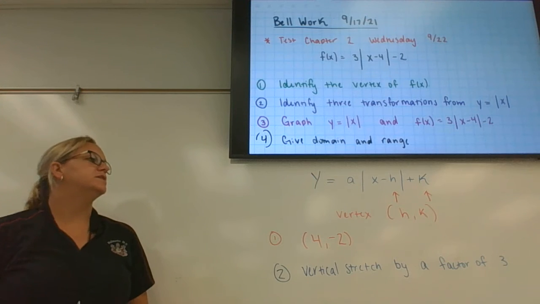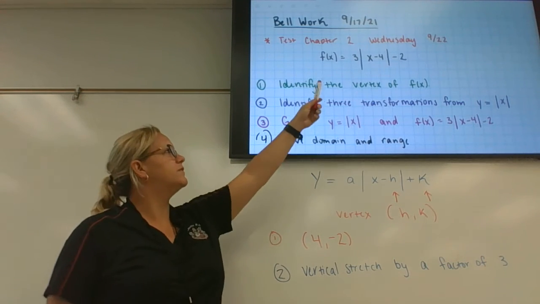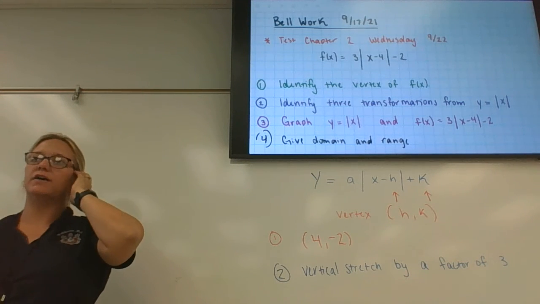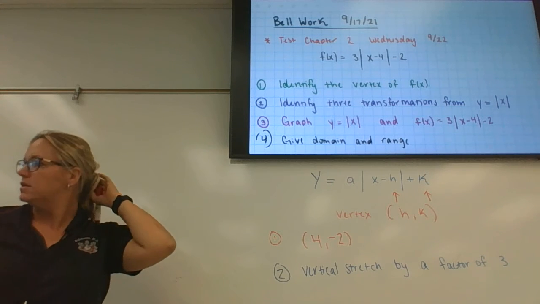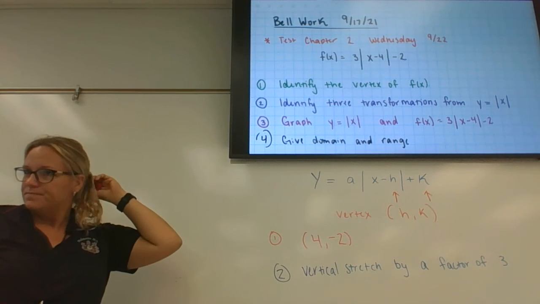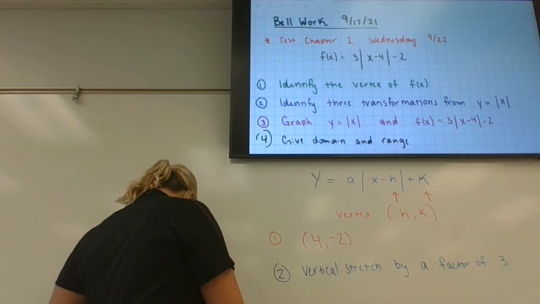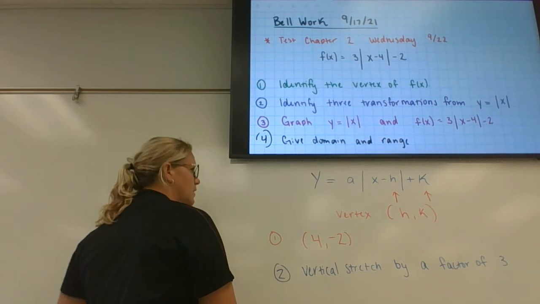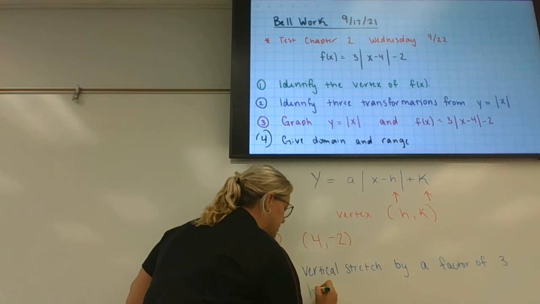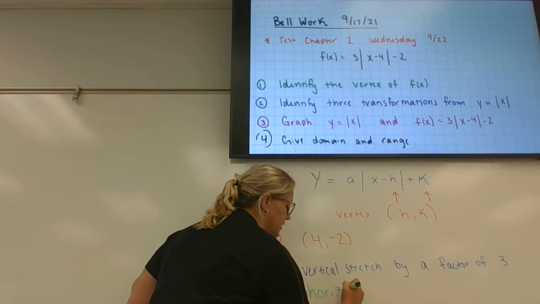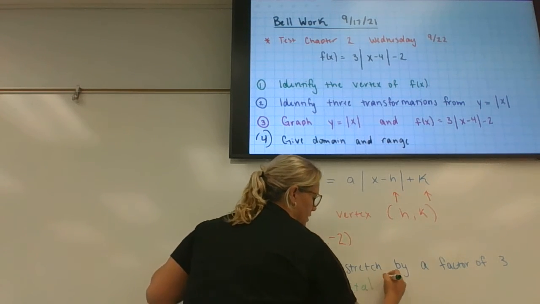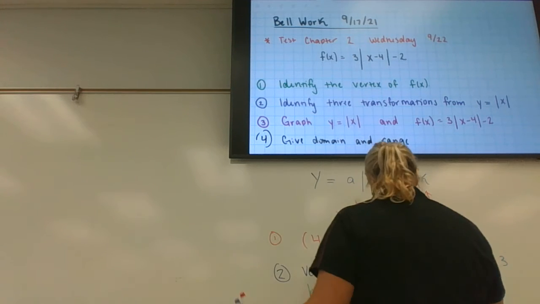Okay, what's another transformation? What does the presence of the 4 do to the graph? Somebody else. Izzy. Horizontal translation. So you can remember that because it's an H. Horizontal translation of 4.